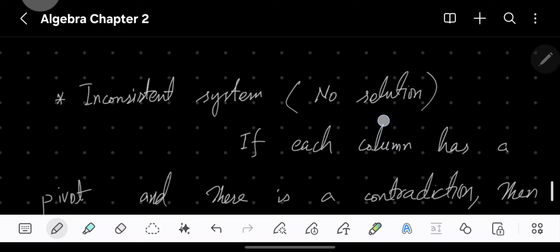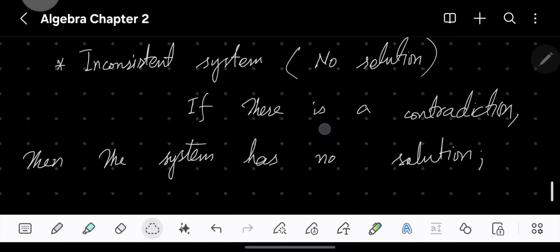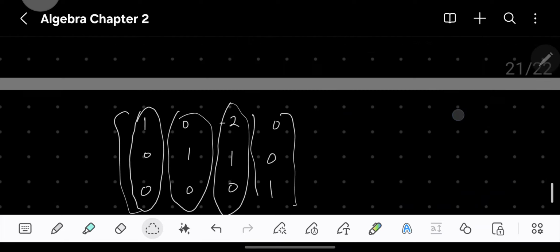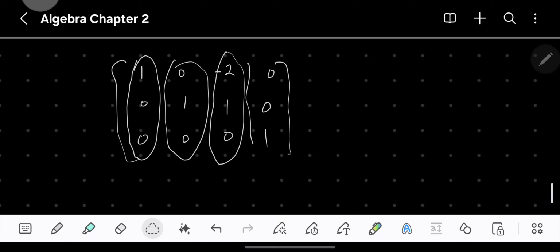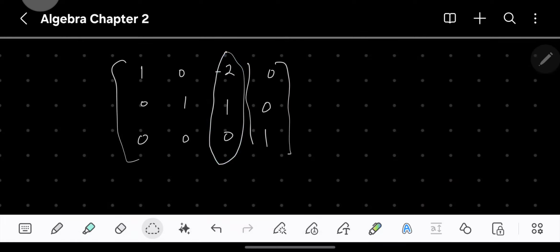So for this, each column may not have pivot entry. So I will just write, if there is some contradiction, then the system has no solution. Okay, so each column may not have pivot entry in this case.